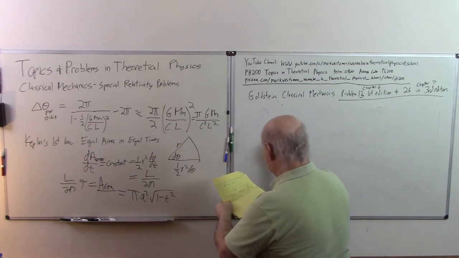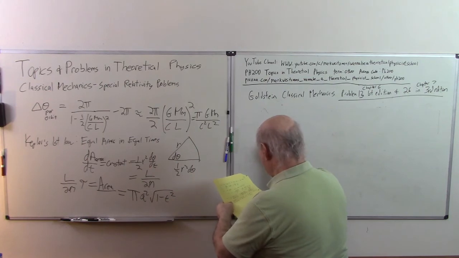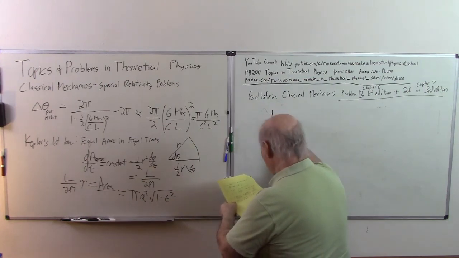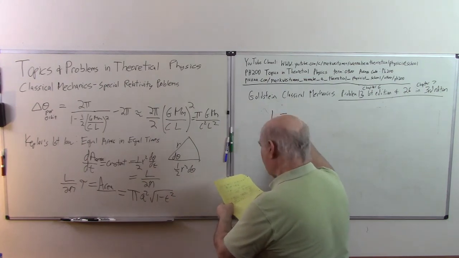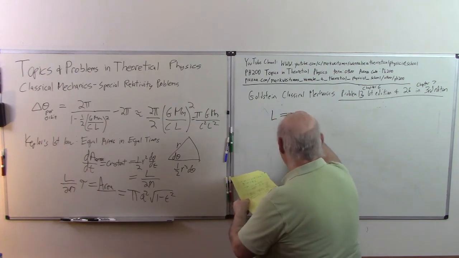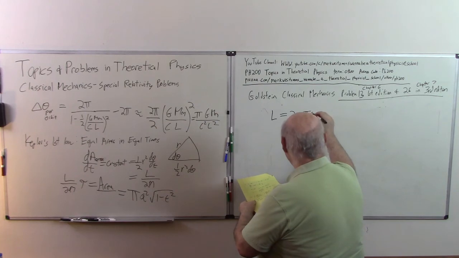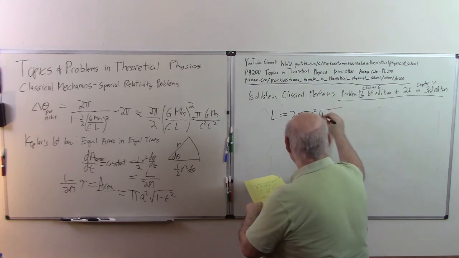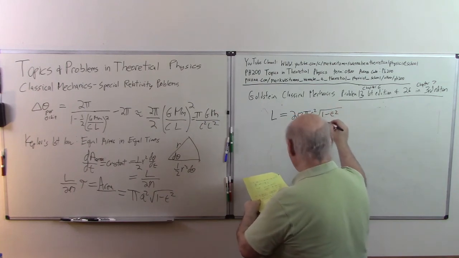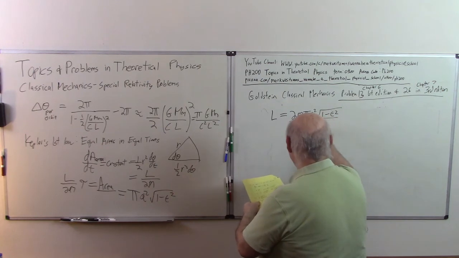So L is equal to 2m pi a squared square root of 1 minus epsilon squared over tau.